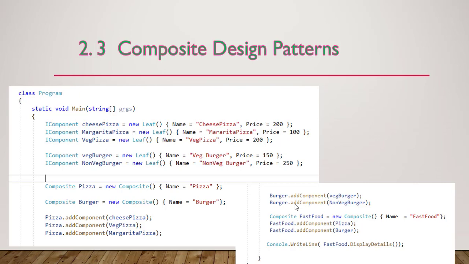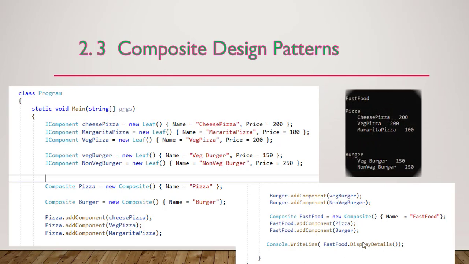So we are moving from bottom to top. First we have leaf, then we have component, and above that we have the fast food component as well. So we create a composite, which is the root. We call it fast food and give it the name fast food. We add component pizza and component burger to it. When we call display details, it gives the information like this.